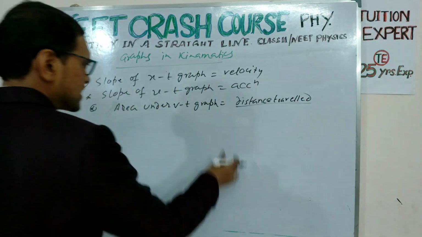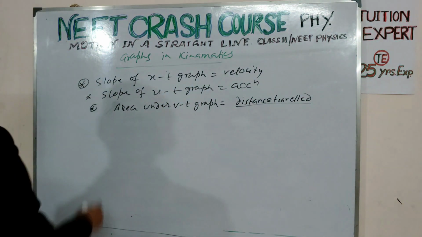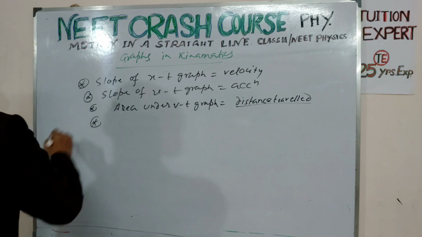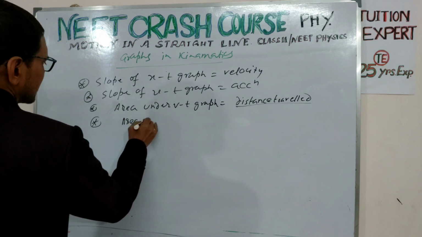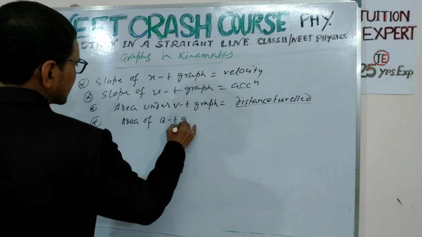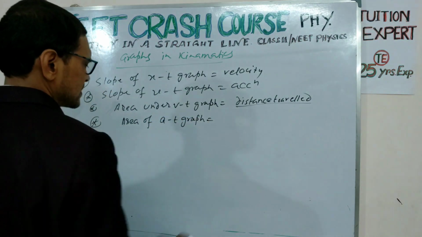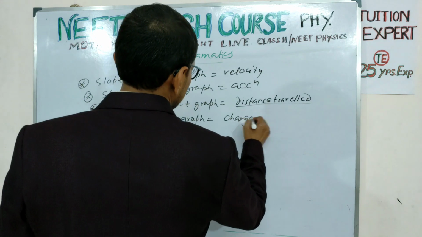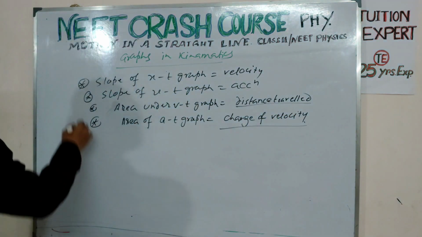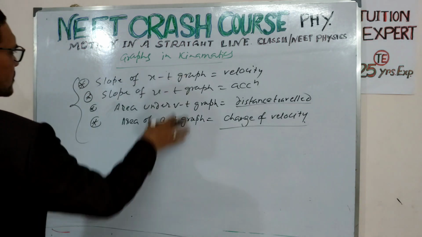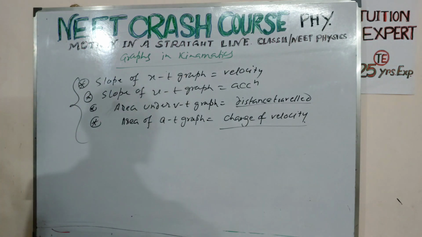Here sometimes distance traveled and displacement. First know the formula. And area of the at graph represents change of velocity. So these are the basic formulas of graphs in kinematics.